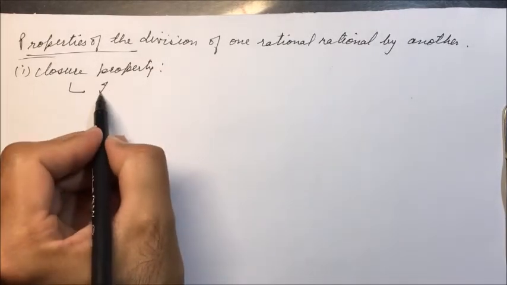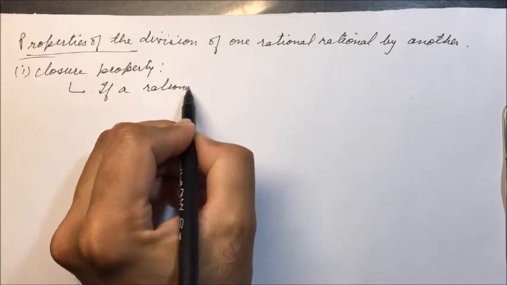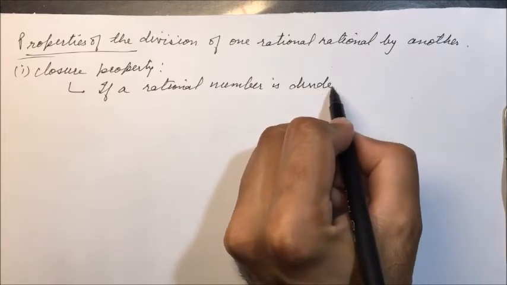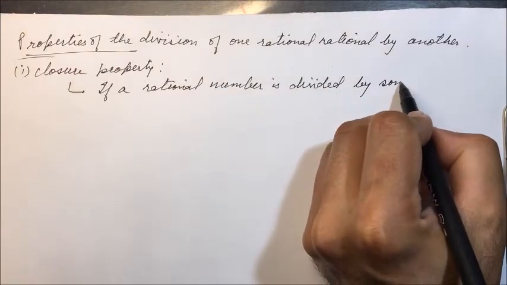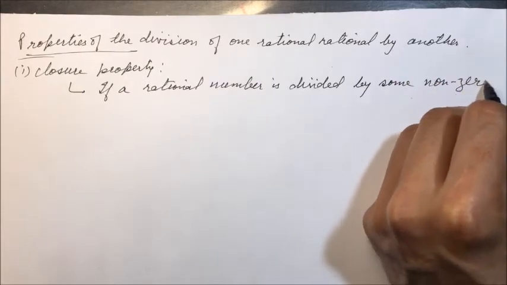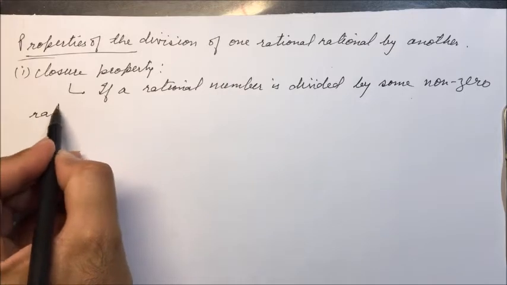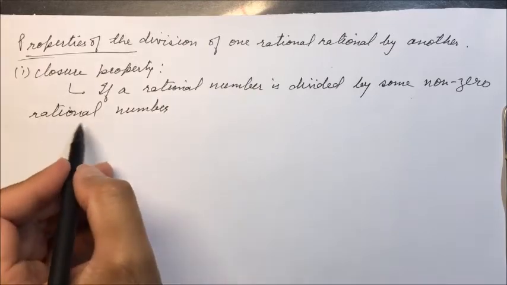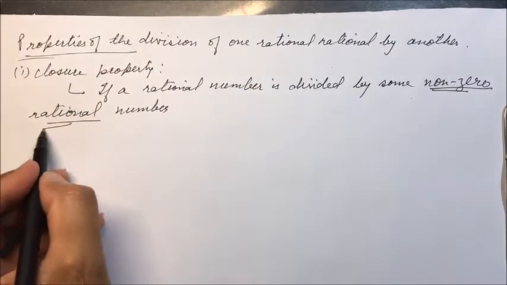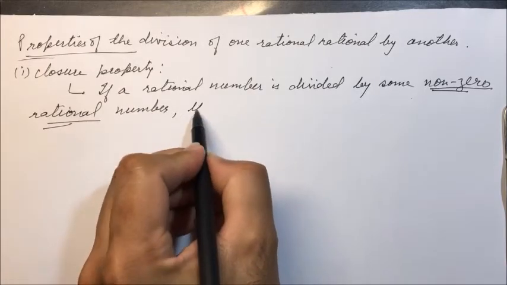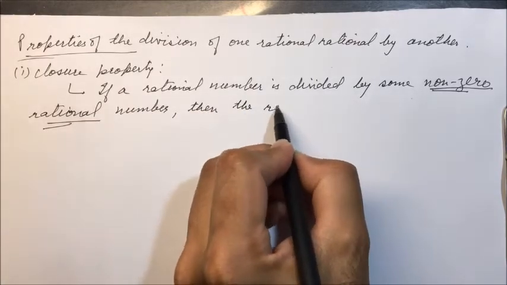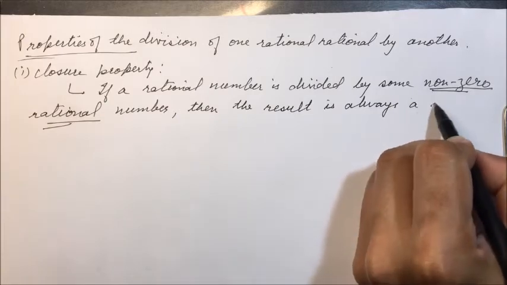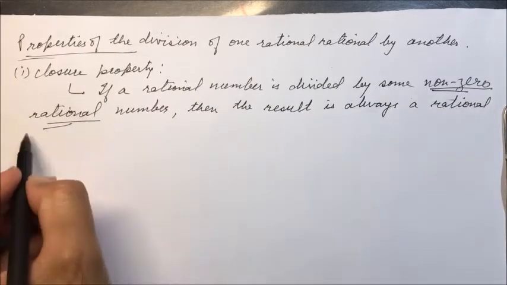If a rational number is divided by a non-zero rational number, then the result is always a rational number.